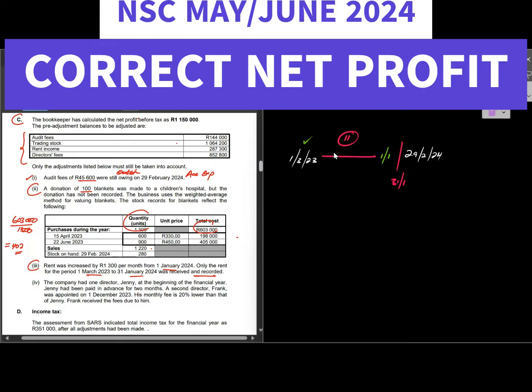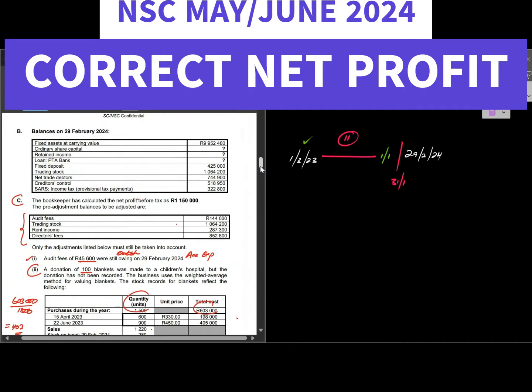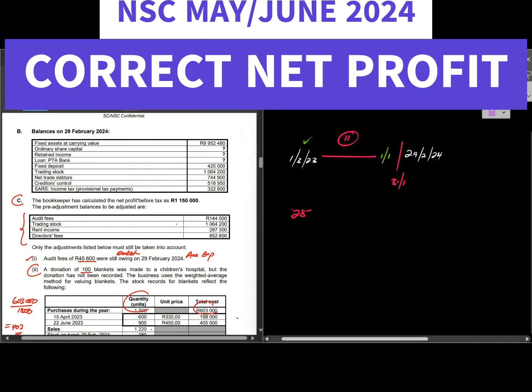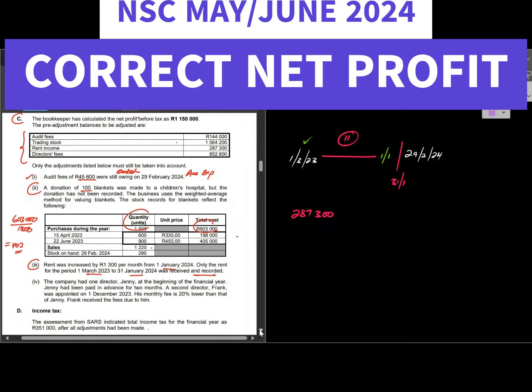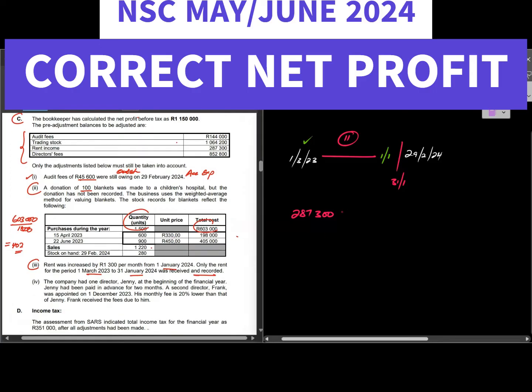So if I come and see my rent income here, which is 287,300, this is rent for 11 months, but one of the months has an increase, because we're told that rent for January has increased by 1.3. So I subtract the 1.3.